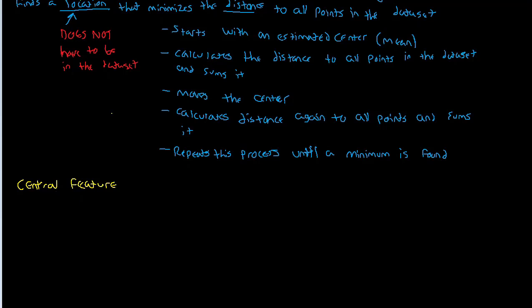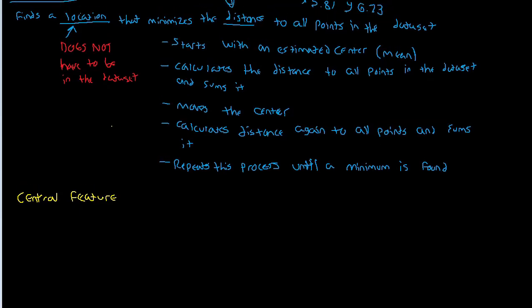And actually let me slide up just a little bit so we can have the definition of median center here in comparison to central feature. So whereas median center found a location that minimized the distance to all points in the data set, we made a specific note here that it did not have to be in the data set. Central feature does something similar, but it requires the point to actually be in the data set. So you're essentially finding the feature within the data set that best represents the center.